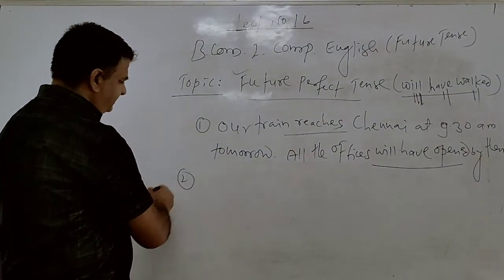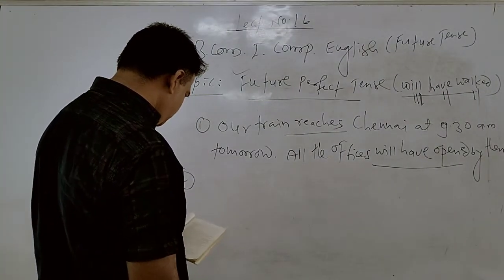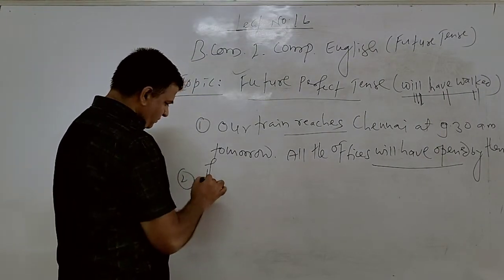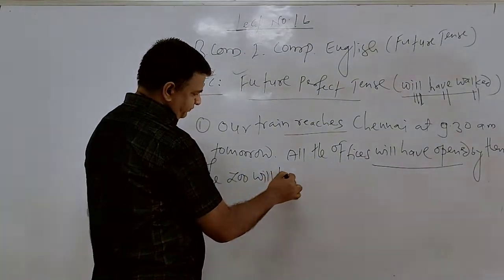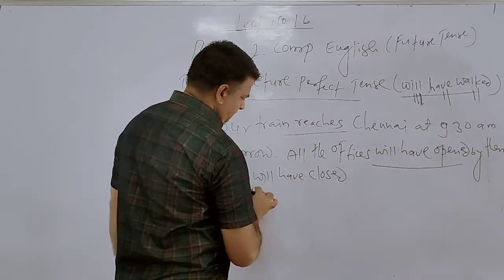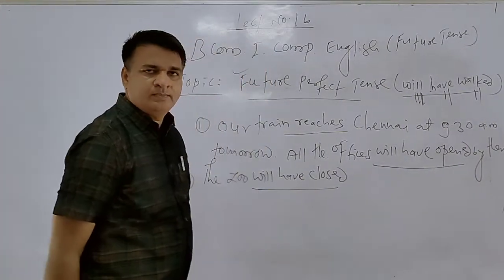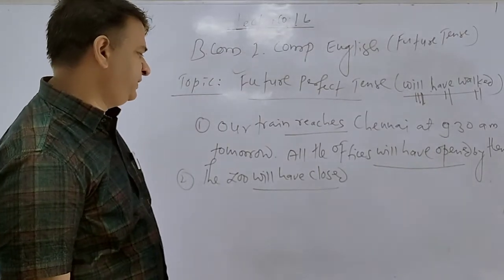Again, we will discuss some more examples of this type. The zoo will have closed. Will plus have plus participle is the future perfect tense.